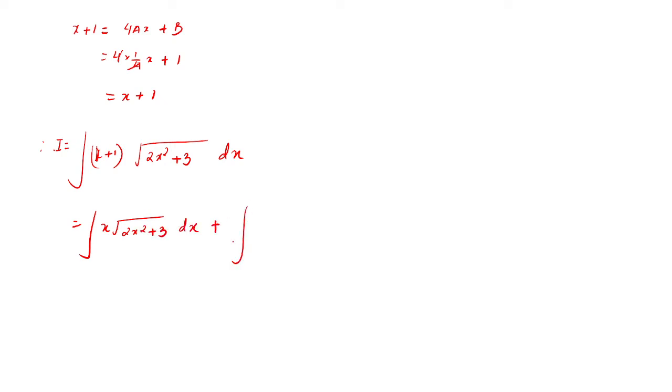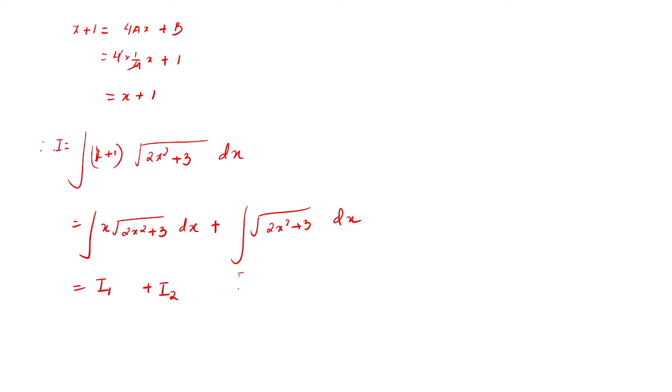Okay, therefore integration of x plus 1 over root of 2x squared plus 3 dx can be written as integration of x over root of 2x squared plus 3 dx plus integration of 1 over root of 2x squared plus 3 dx. Okay, so this can be rewritten as I1 plus I2.